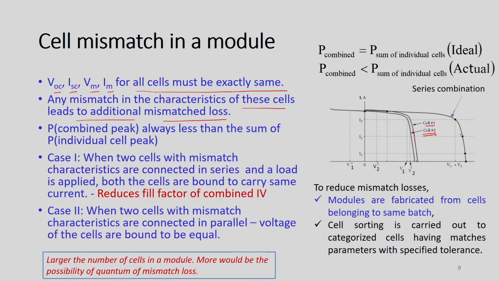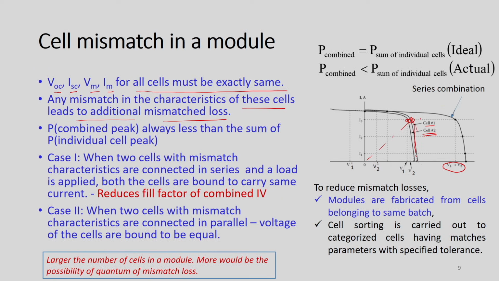We can generate a combined IV characteristic. This is the combined IV characteristic, and the combined voltage will be V1 plus V2. Normally, in the ideal case, if we consider the peak power here and here, and draw the voltage, it will come out something like this.